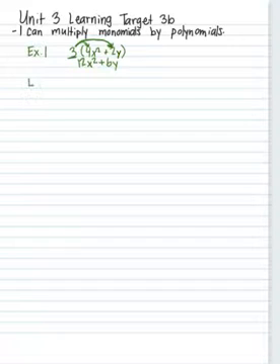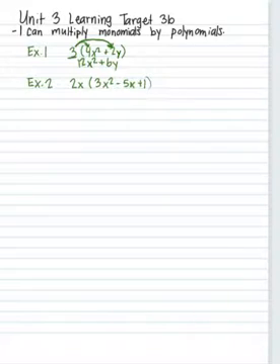Alright, so let's do an example now that does have another variable in it. So we're going to distribute 2x into 3x squared minus 5x plus 1. If we distribute 2x to 3x squared, we're going to multiply our numbers. 2 and 3 gives us 6.